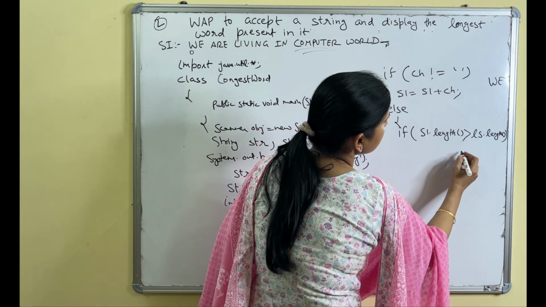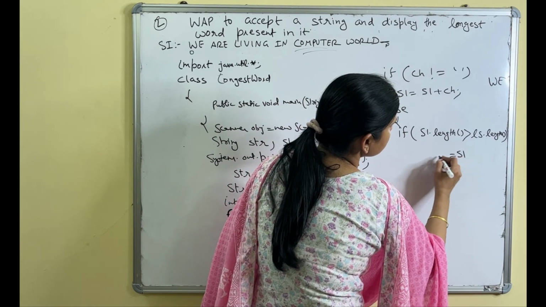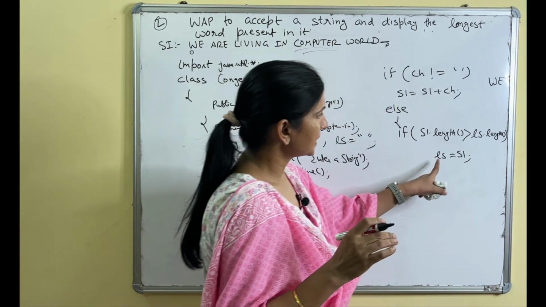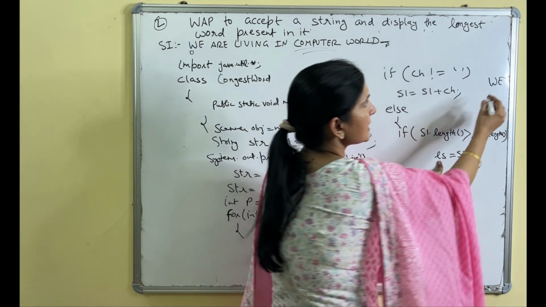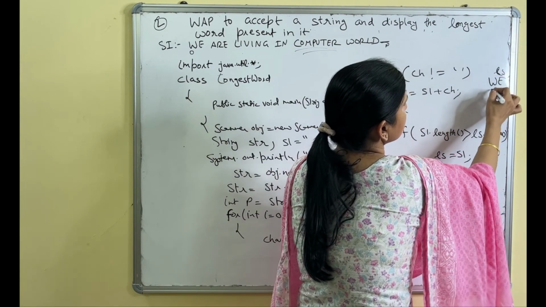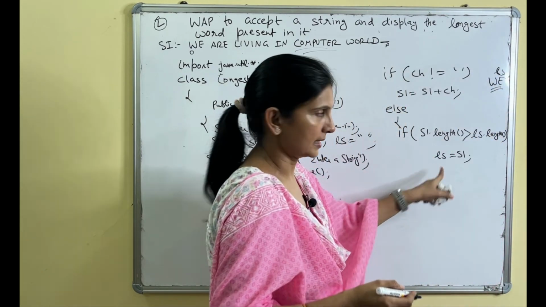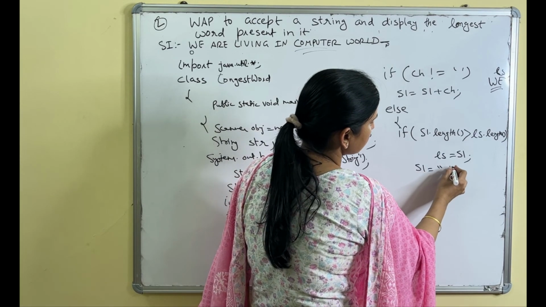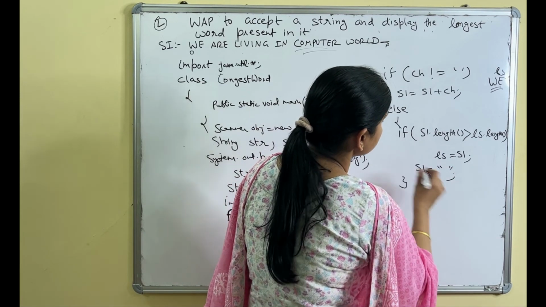So what should be done? s1 should be assigned into ls. Now what will come in ls? In ls, "we". OK, "we" will be assigned in ls, and what happens with s1? s1 should again be blank. Why blank?